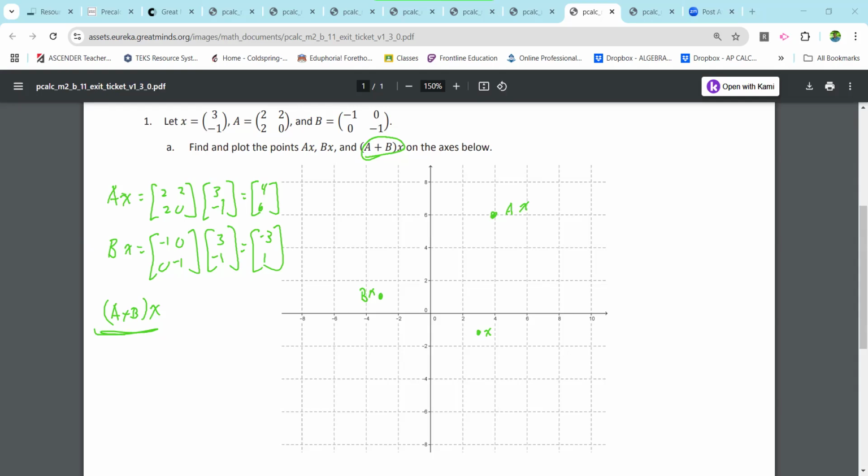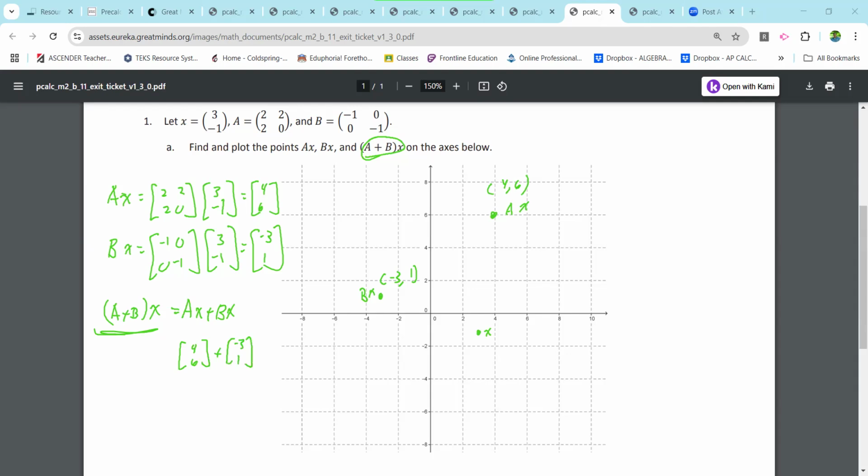But remember, this is the same thing as AX plus BX. So if I just figure out what these coordinates are, then I could add them up. This coordinate right here is -3, 1. And this coordinate here is 4, 6. If I wanted to know what AX plus BX is, I would literally just go 4, 6 plus -3, 1.